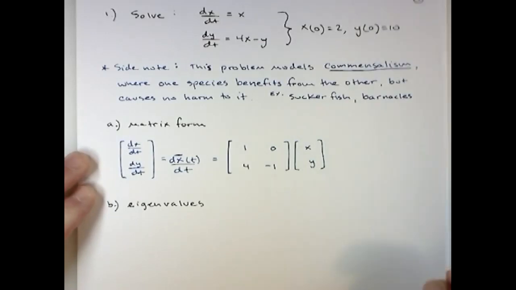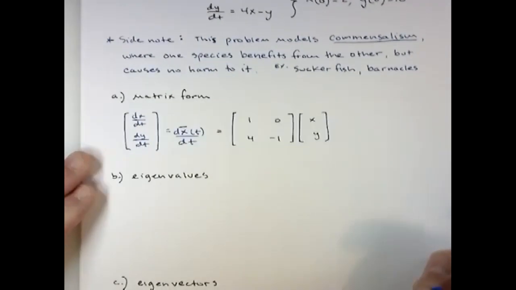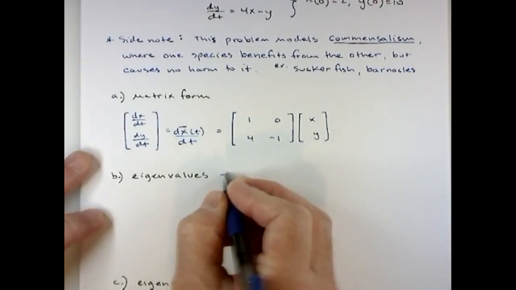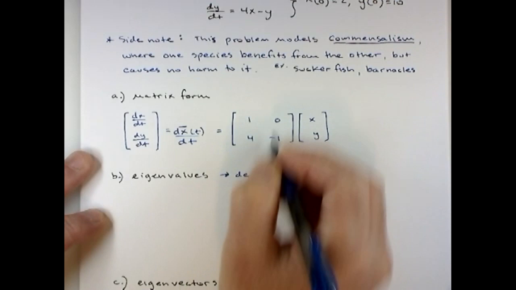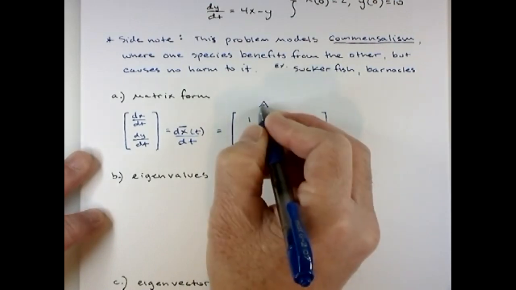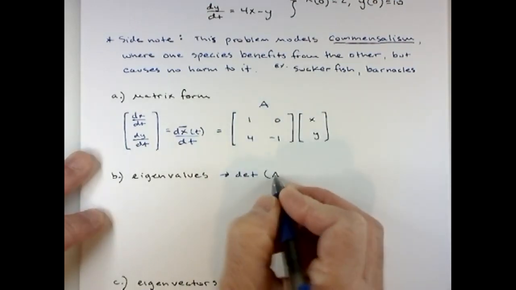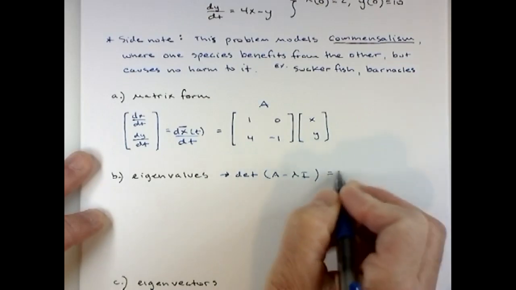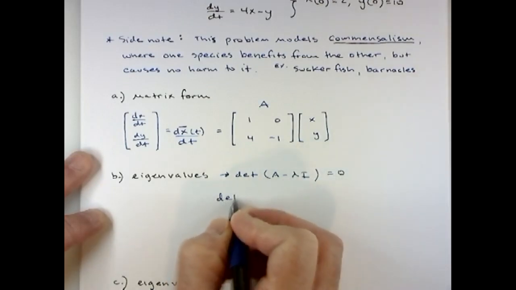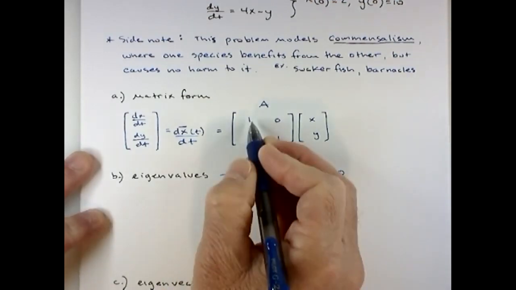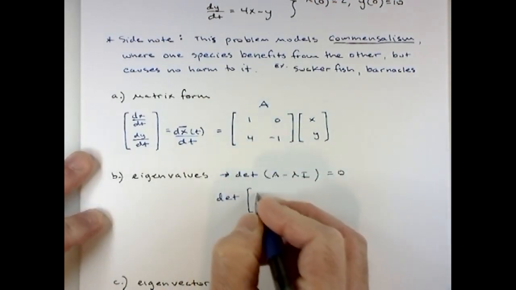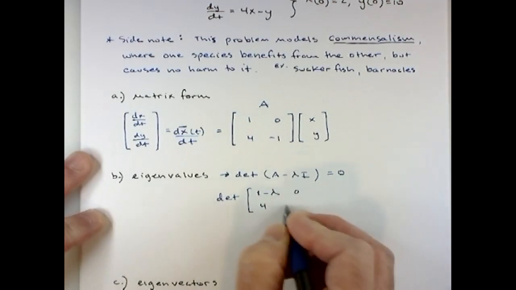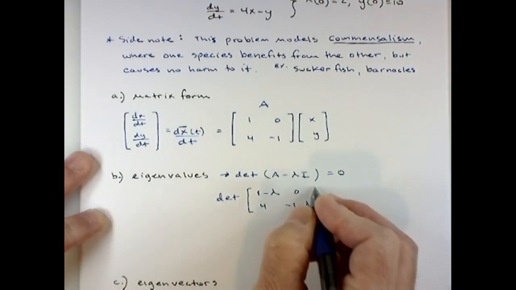Now, for the eigenvalues, remember how we do that? We do the determinant of our matrix A minus lambda times I, which ends up being 1 minus lambda, 0, 4, negative 1 minus lambda.